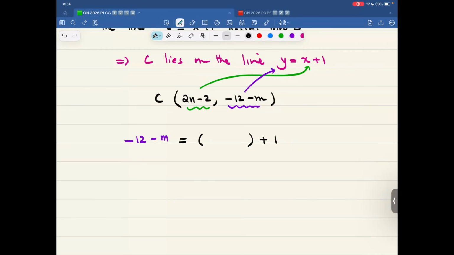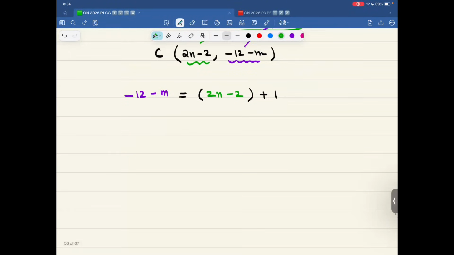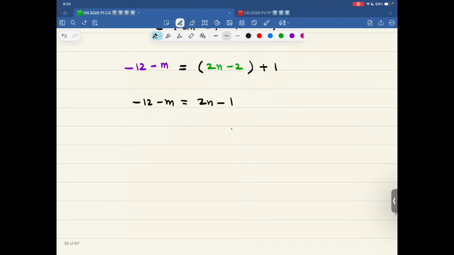We write the x coordinate, which is 2n minus 2. Let's simplify this first bracket: 2n minus 2 plus 1, which is 2n minus 1. Take this to this side. So 2n plus m equals negative 11. That is equation number 1.